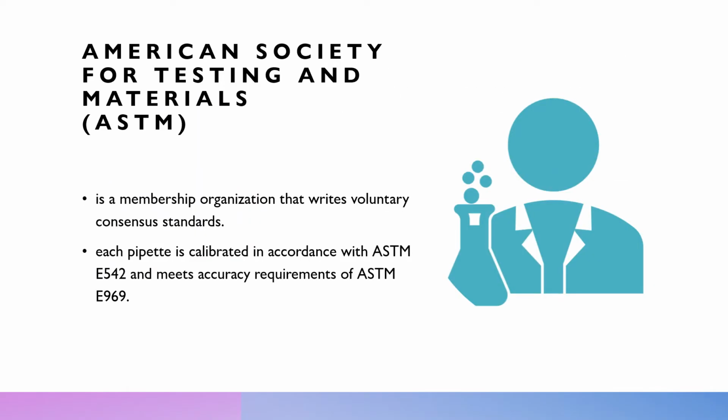While the American Society for Testing and Materials is a membership organization that writes voluntary consensus standards. Each pipette is calibrated in accordance with ASTM E542 and must meet the accuracy requirements of ASTM E969.